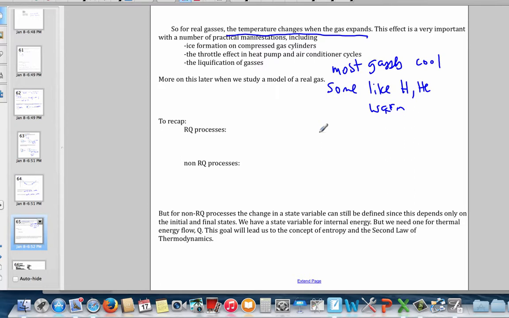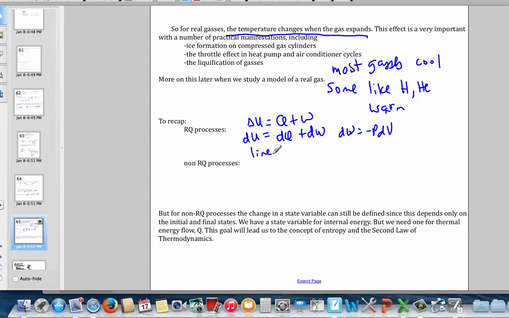All right, so what we've done here is we've defined reversible and quasi-static processes and said that really we've been assuming all along through our analysis up to this point that we're dealing with reversible and quasi-static processes, because we've been writing down things like this in its differential form, and that is only possible for reversible and quasi-static processes.